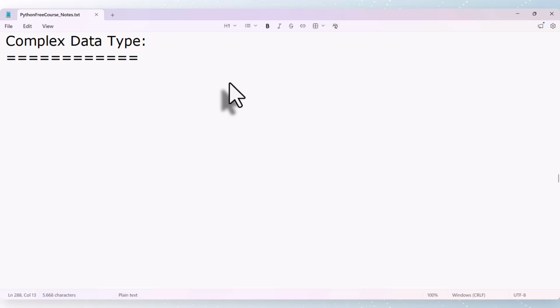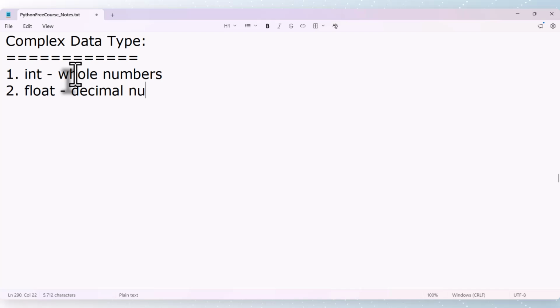So far we have learned two numeric data types. One is the int data type, which is used to store whole numbers, which include positive numbers, negative numbers, and zero. The second type is the float data type, which is used for storing decimal numbers.